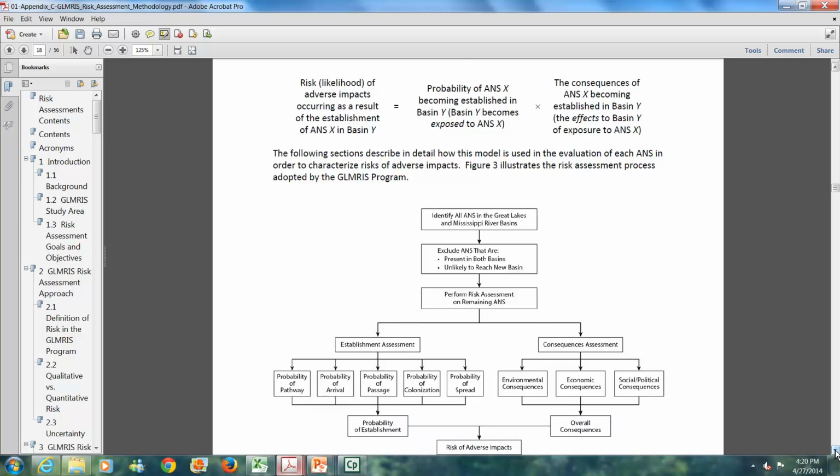Up at the top here you see the familiar risk equation that we looked at in our first week in class. It says the risk equals the probability times the consequence, although they spell out in quite a bit more detail what particular probability and what particular consequence they're interested in.